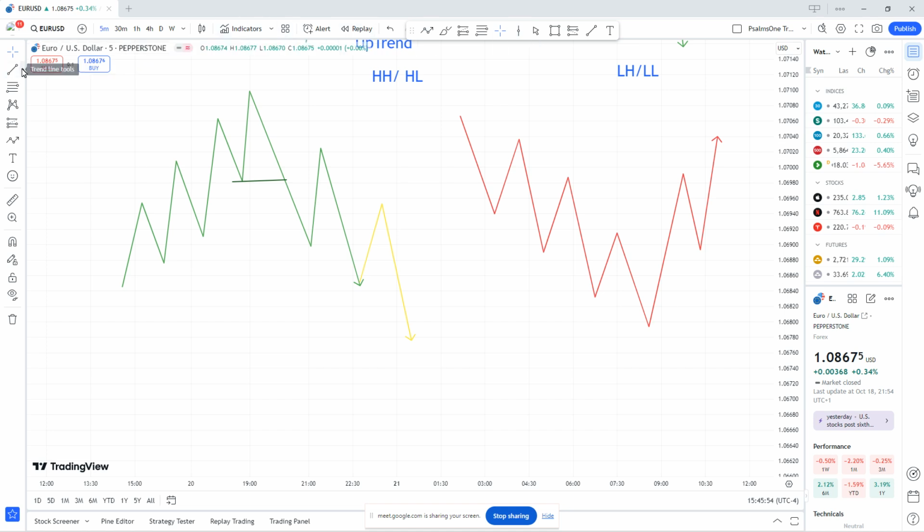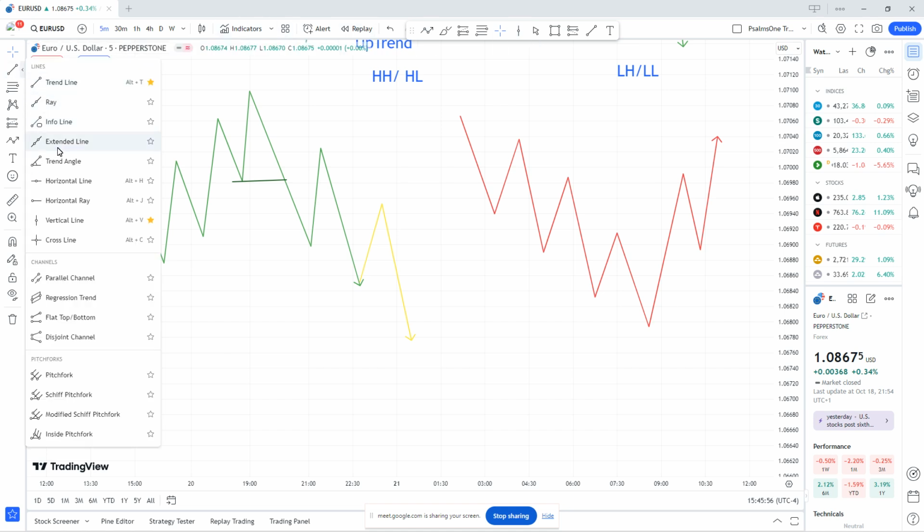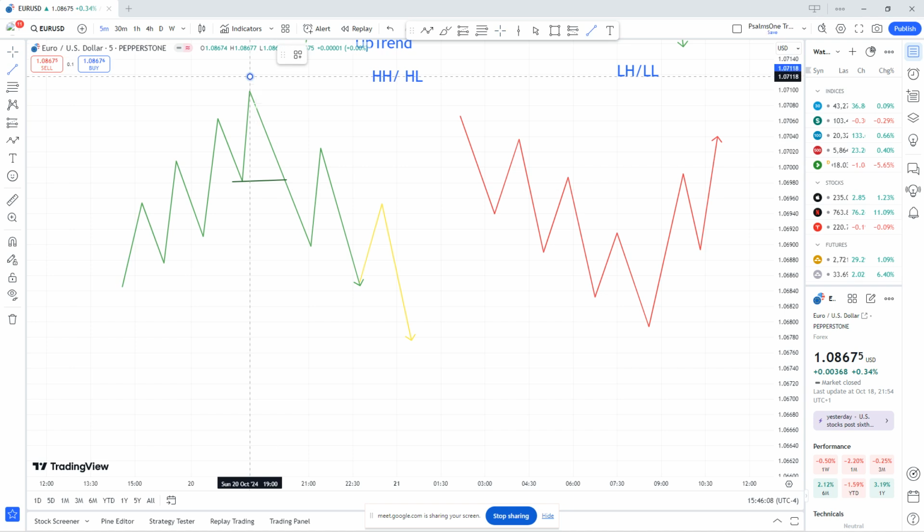So just now, from here, let me draw a vertical line. I think I should be able to draw a vertical line. Where is the vertical line? Sorry, why can't I find the vertical line? Okay, let me just use this one.